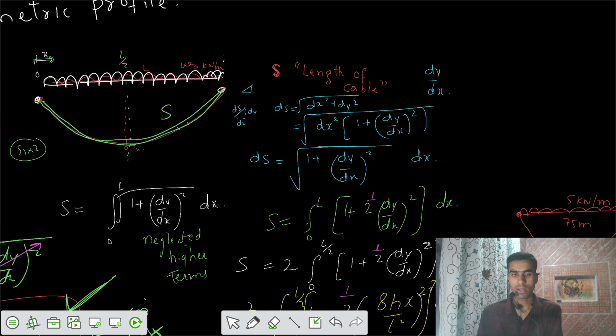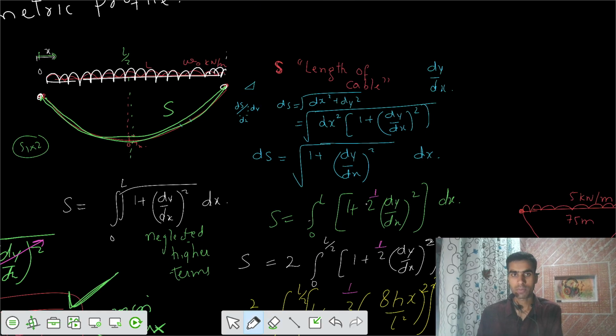Now if I take along this profile a small segment of small length ds, such that we approximate it to a right angle triangle with sides dx and dy, then we write ds equals to root of dx square plus dy whole square.